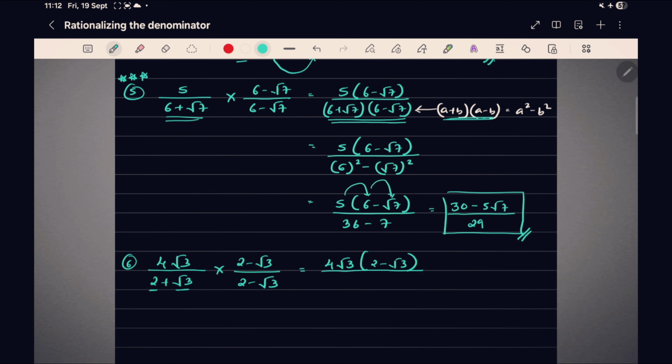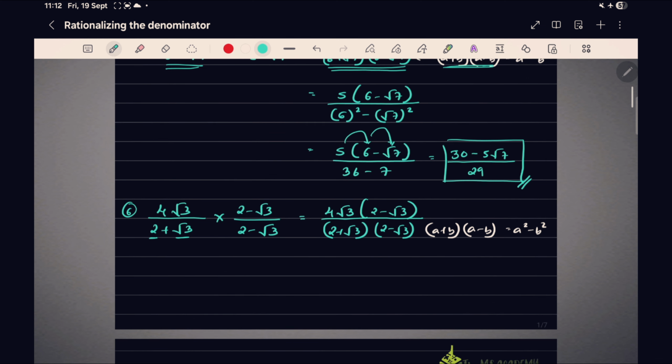In the denominator, we can again see that we have successfully created the condition of a plus b into a minus b, which is going to be written as a square minus b square in the further steps.